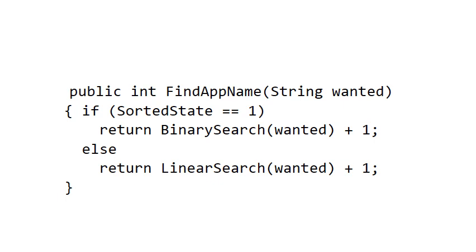But if the sorted state is not 1, it implies it's either not sorted or it's sorted on downloads. And if we're searching for the app's name, then we must simply use the linear search. So the binary search is just used when SortedState is 1, or when the list is sorted on name.